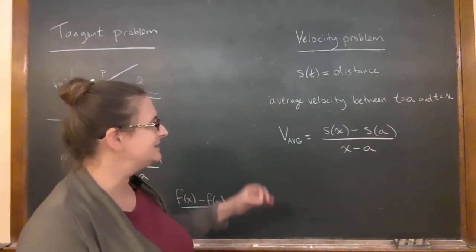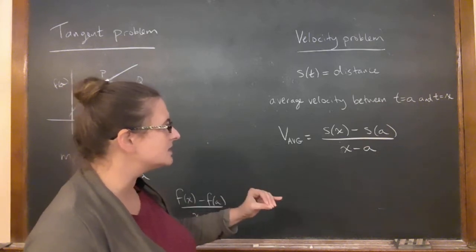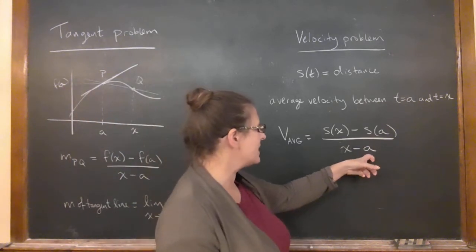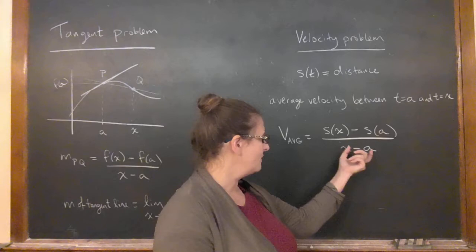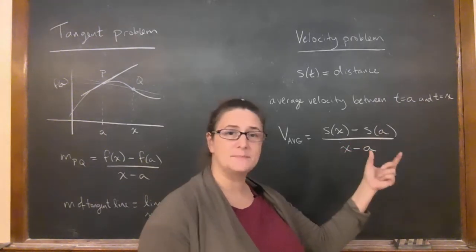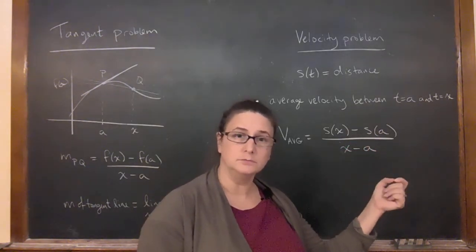And if we wanted the instantaneous velocity at t equals a, essentially we were making this time step smaller and smaller and smaller, right?